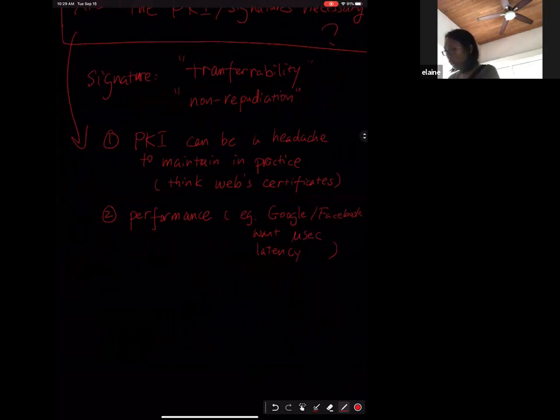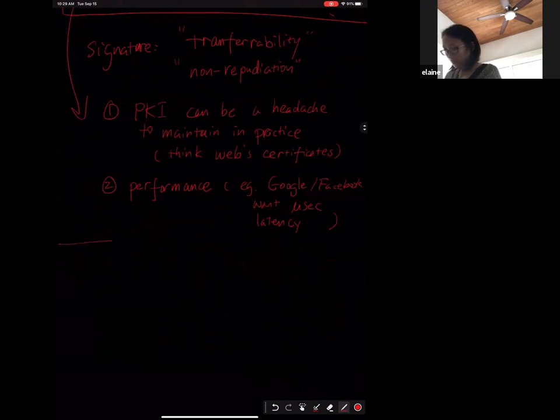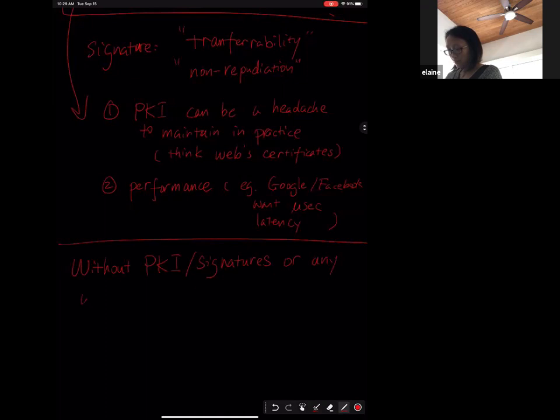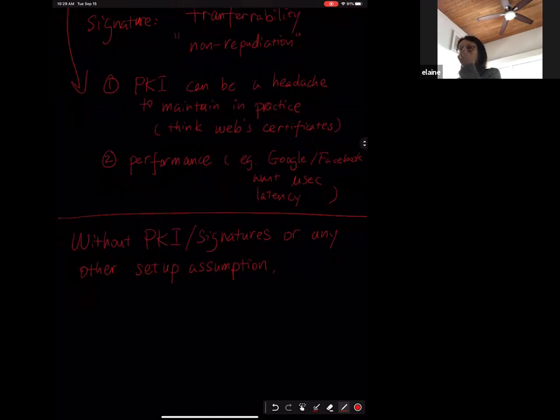Okay. So the theorem we are going to prove today is that without PKI, signatures, or any other setup assumption, consensus is actually impossible. We actually learned the abstraction Byzantine broadcast.